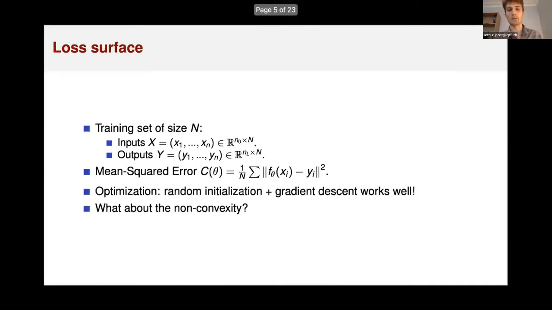Something that has been observed again and again is that just taking a random initialization of the parameters and using gradient descent, as long as the network is wide enough, as long as you have enough neurons, everything works well. Gradient descent is able to find a global minimum. But we don't completely understand that, because we know this loss is non-convex, so it's not obvious why there are no issues in this strategy.